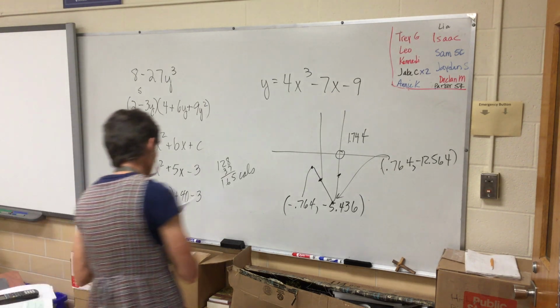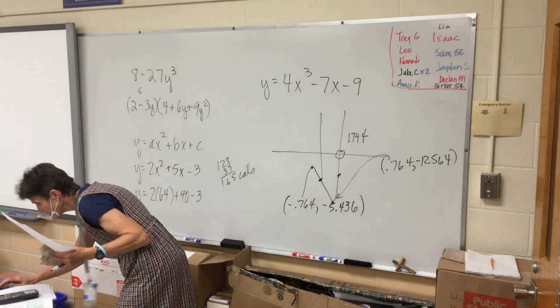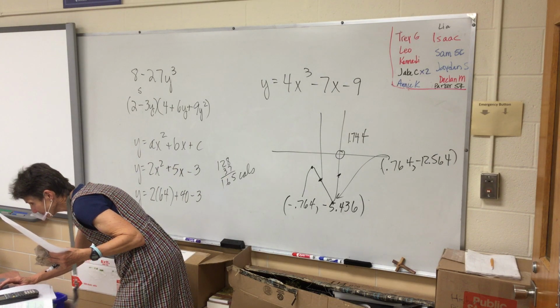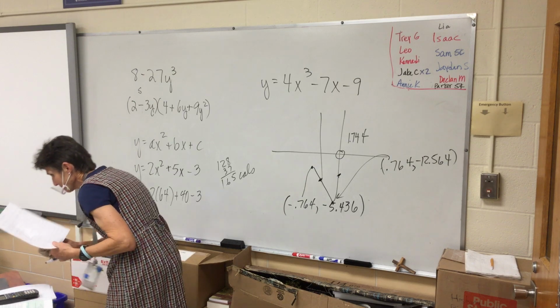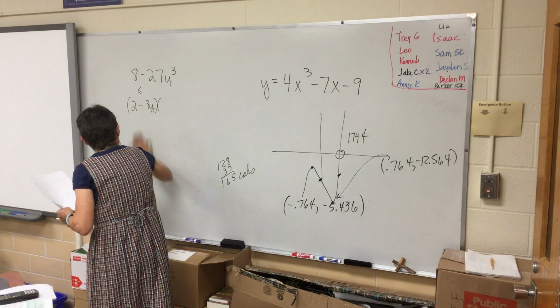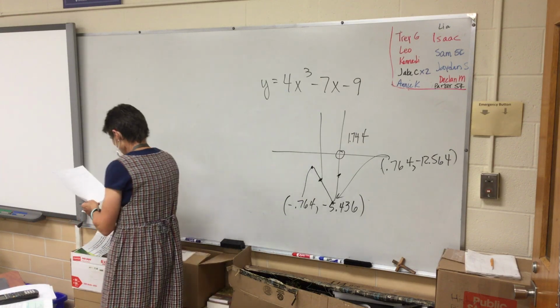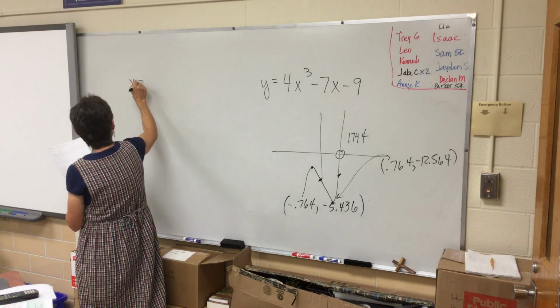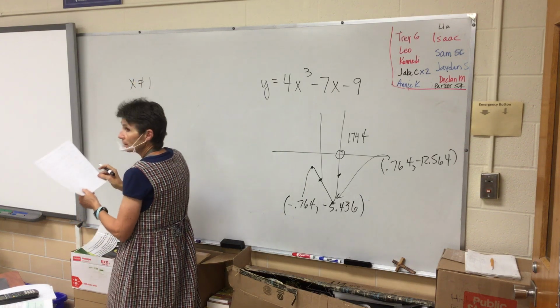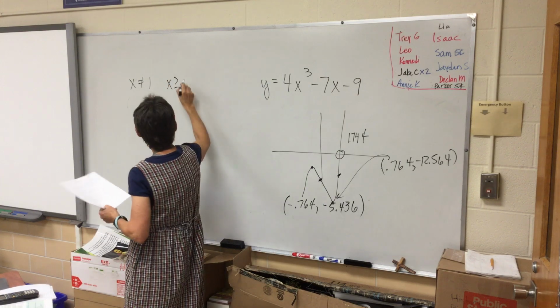Okay, find the domain. All right, we just talked about this. What's our domain in this problem? What do I have to think about? I'm sorry, Caden. Is that better? So what's the domain? Well, x can't be 1, right? And x has to be greater than or equal to 2.